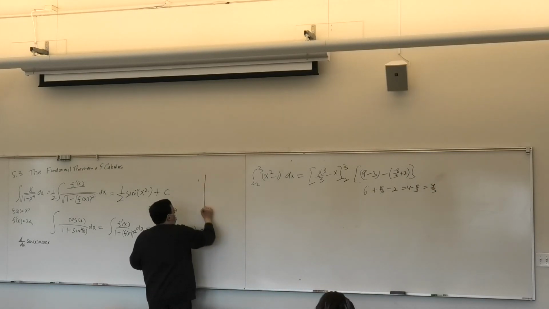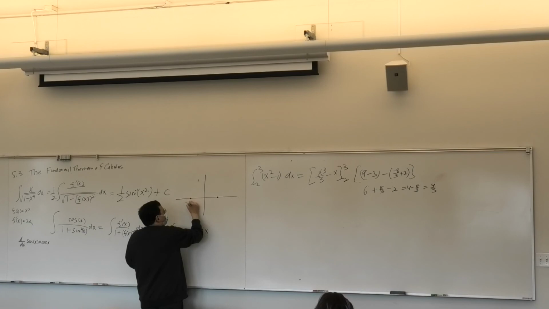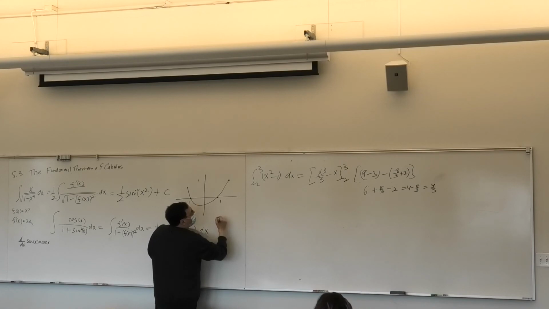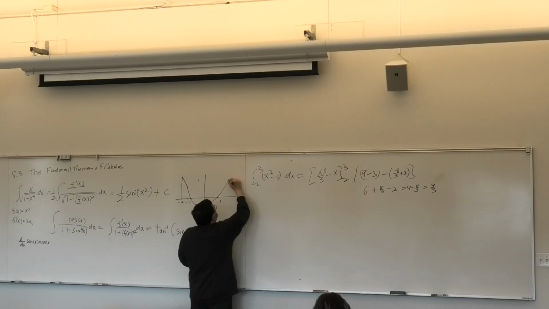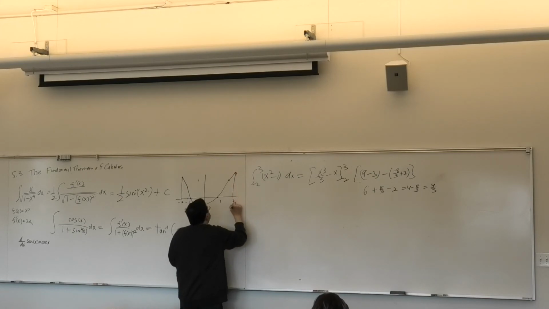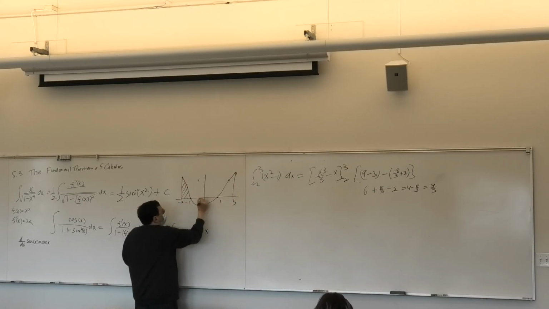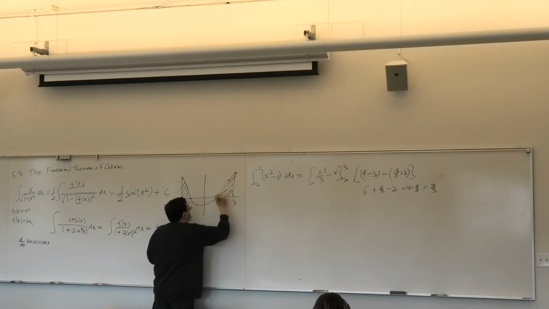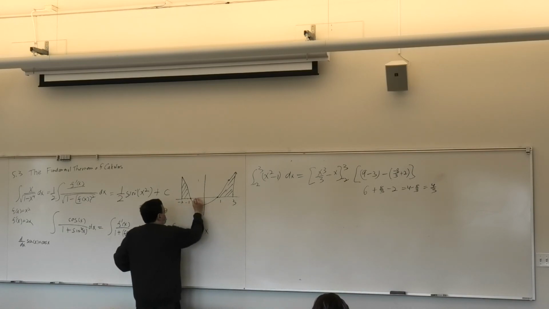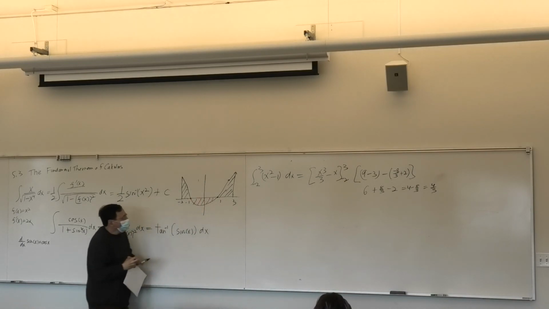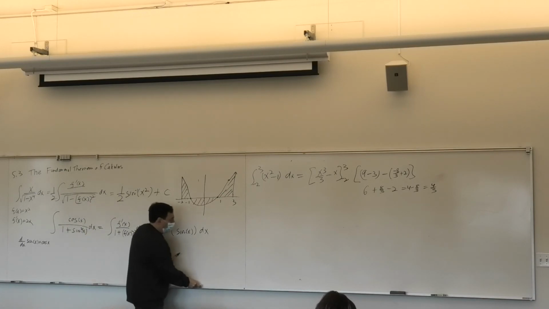And probably a diagram would be nice. This goes through 1 and -1, and we're finding the area from -2 all the way up to 3. So here we have some positive area and some negative area.